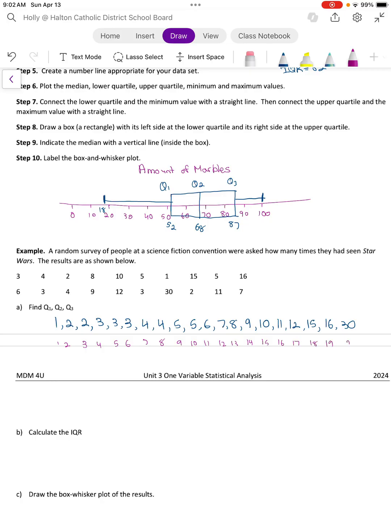And it also helps me find my n. My n is equal to 20. I have 20 terms here.